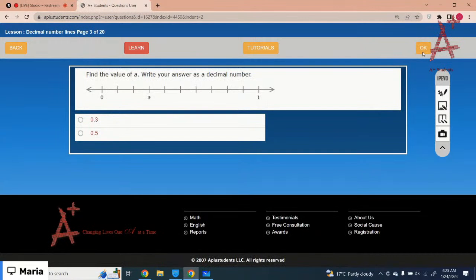Okay, find the value of a, write your answer as a decimal number. So what is the value of a? The value of a is, yes, that is 0.3. That is the third one, just 0.3, not 0.5. That is 0.3.